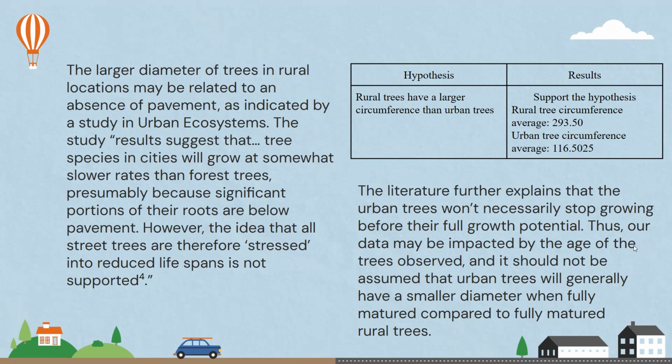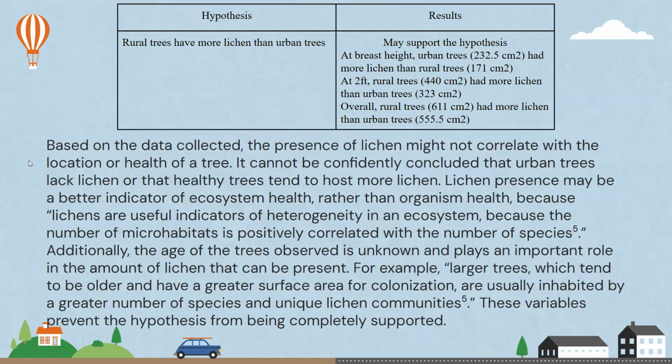Based on the data, and in terms of the lichen that was on the trees, again, we can't necessarily say that it correlates to the health of the tree or the location of the tree. Lichen tend to need a lot of time to grow their population on the tree.